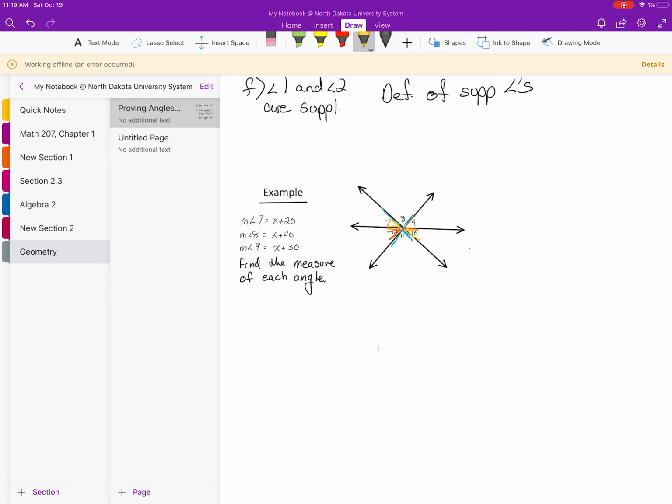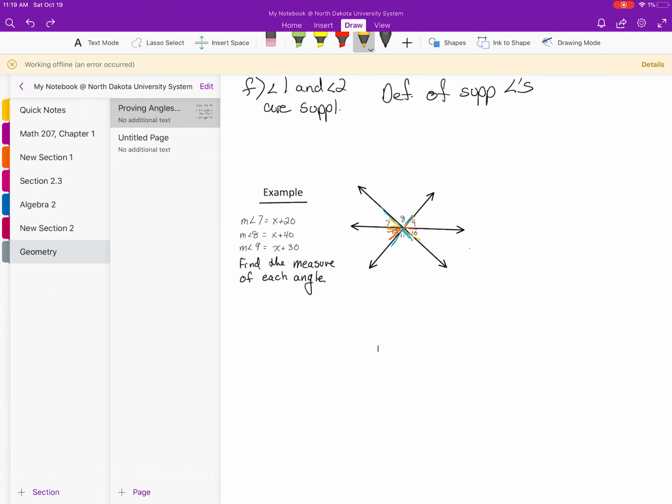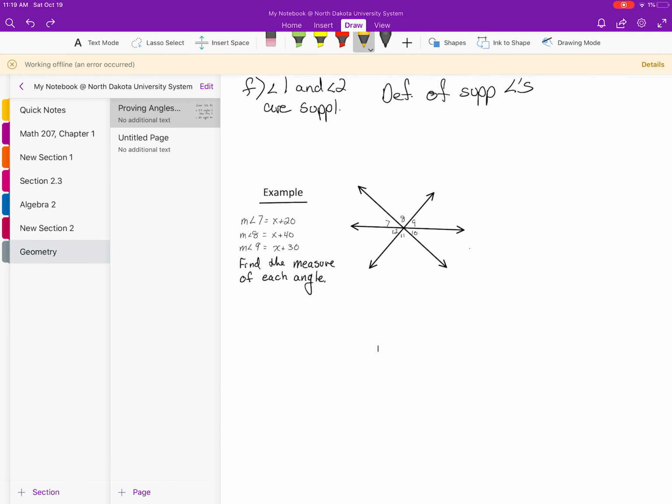Angle 7 and angle 10, right? So we have to just be able to find the shared sides in the opposite rays and to truly tell which angles are supplementary. I'm going to take those colors out, if I can. There we go. Just so we have the original drawing.